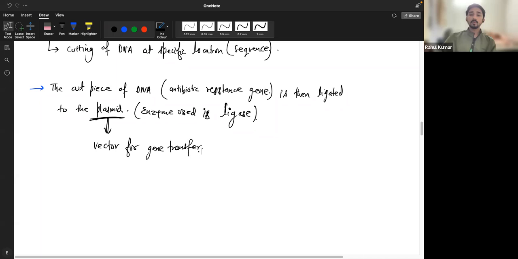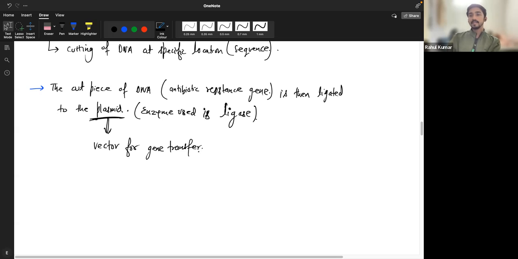So do you see what we are doing here? If you pay attention, we are taking all the raw materials from nature. First we knew that bacteria have extrachromosomal DNA in the form of plasmids, which they use for their normal routine functions. We realized, what if I isolate those plasmids? We did that.